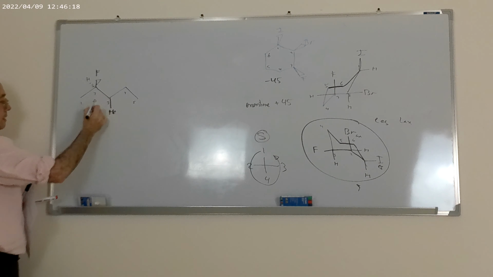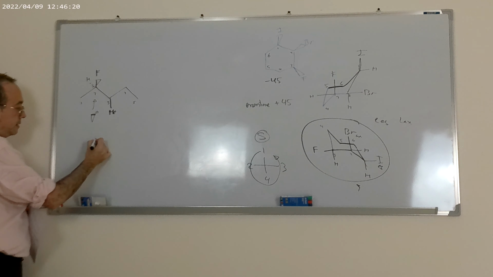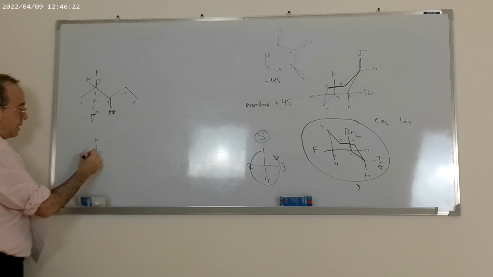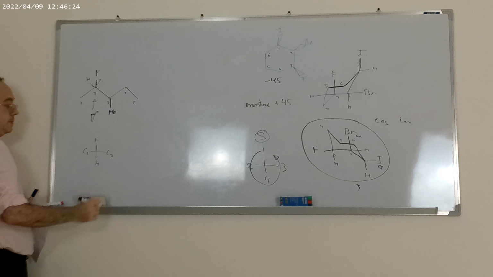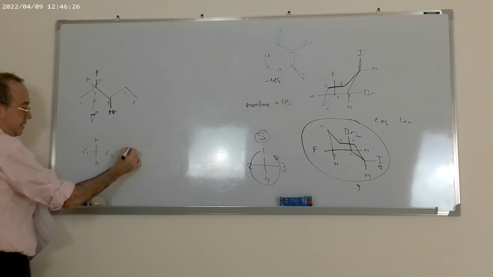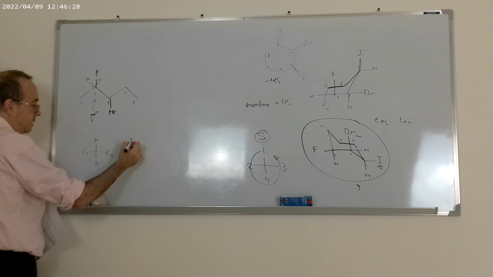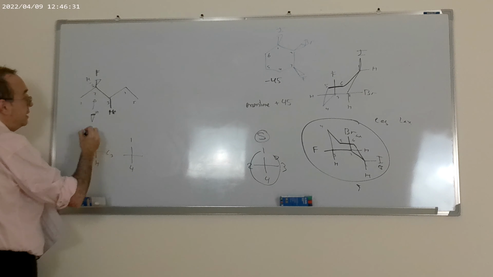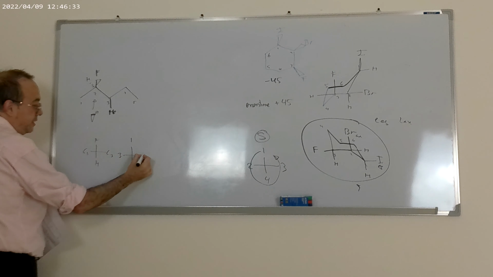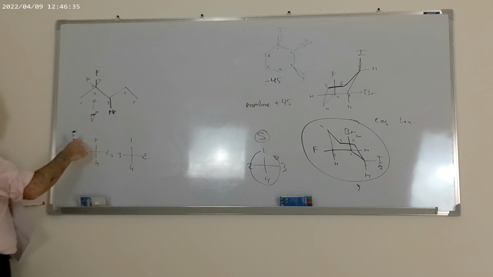Okay, I throw fluorine, hydrogen down, C1 and C3. If I use the priorities, it's 1, the fluorine, 4, the hydrogen, C1 will be 3, and C3 will be 2 because it has higher priority.